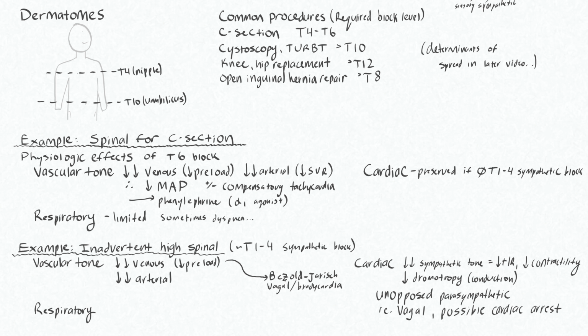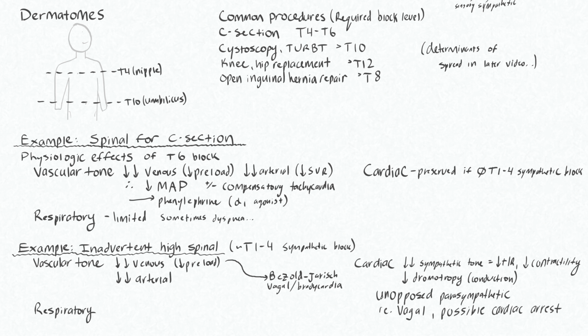Remember, this is sort of a kissing ventricle reflex that exists. So when your heart is significantly underfilled, you'll become bradycardic in order to try to prolong the filling time of your heart. And actually, this physiologic reaction can happen independently of a T1 to T4 block. This has more to do with the degree of preload reduction.